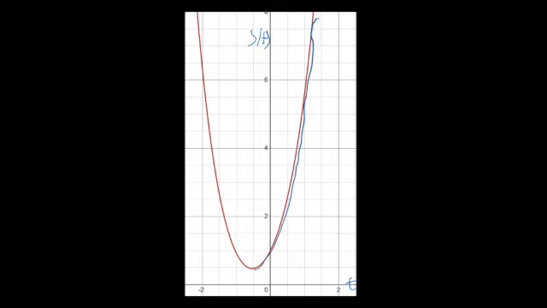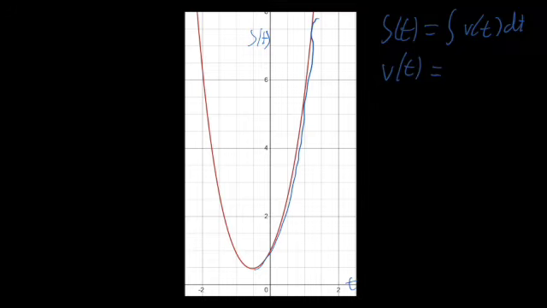Here would be a good time to review how position, velocity, and acceleration are related. The position function equals the integral of the velocity. Likewise, the velocity equals the derivative of position with respect to time.